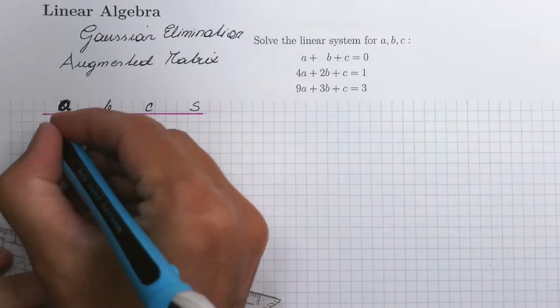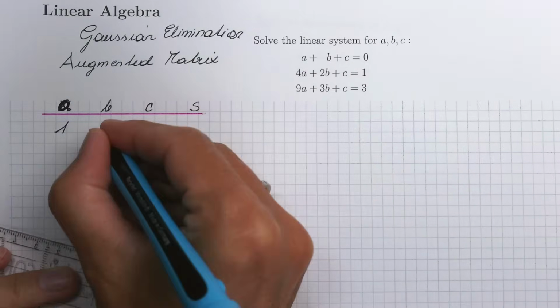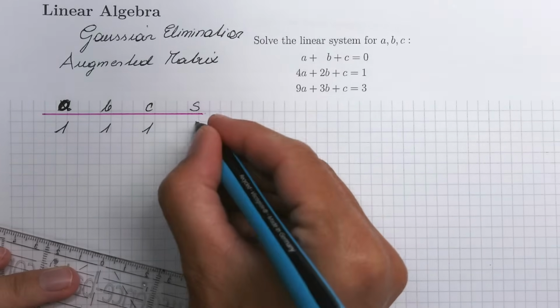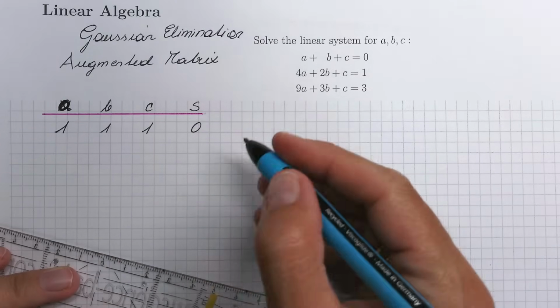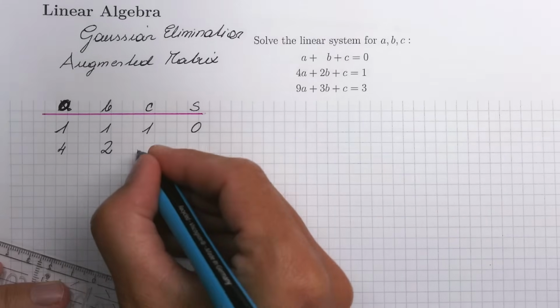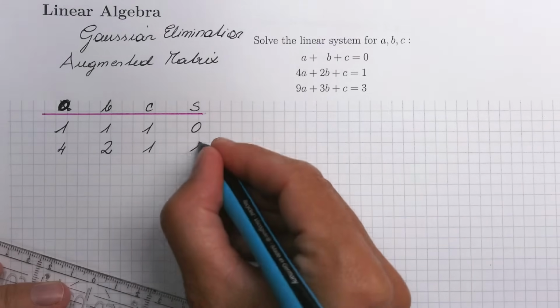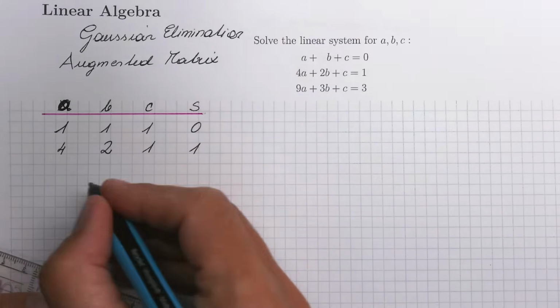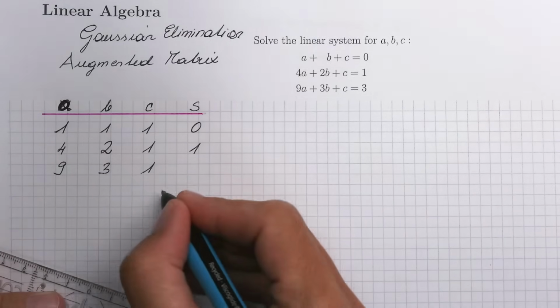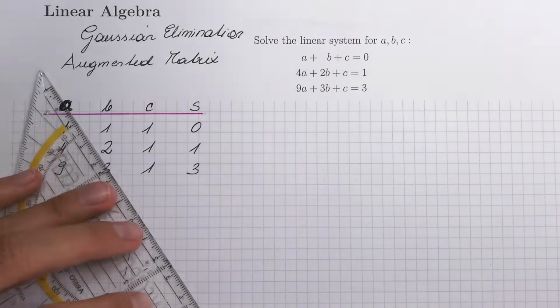For a it's 1, for b it's 1, for c it's 1, and the right side of the equation is 0. In the second line we have 4 times a, 2 times b, 1 times c, and 1 on the right side. Then 9 times a, 3 times b, 1 times c, and 3 on the right side.